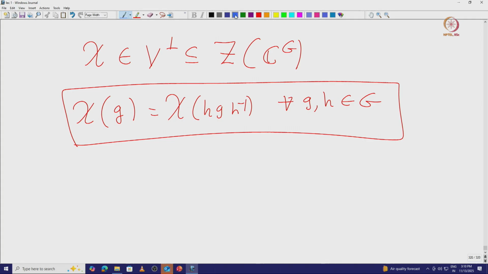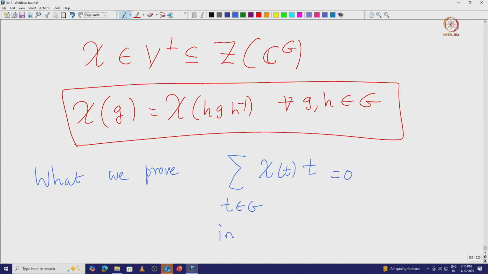So, indeed what we prove is that the summation of chi of t, t in G, is 0, instead of proving chi is 0.